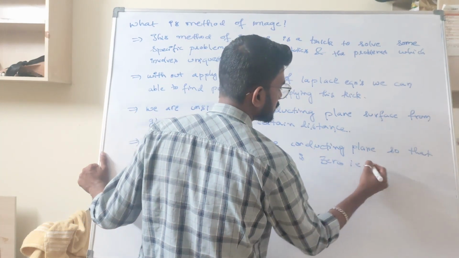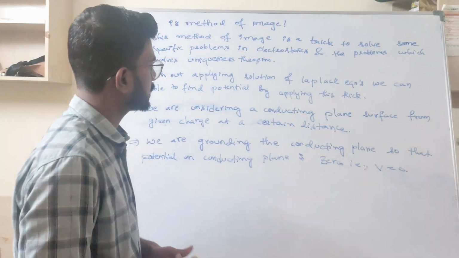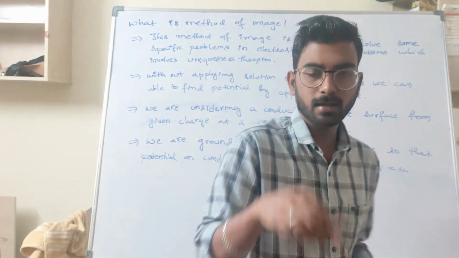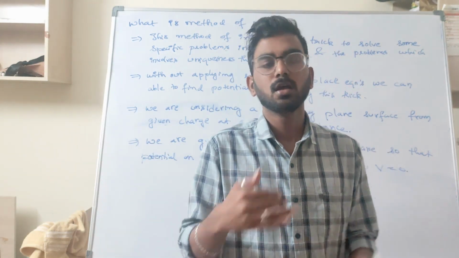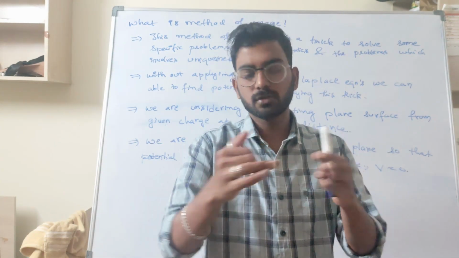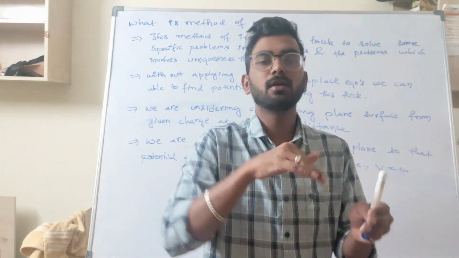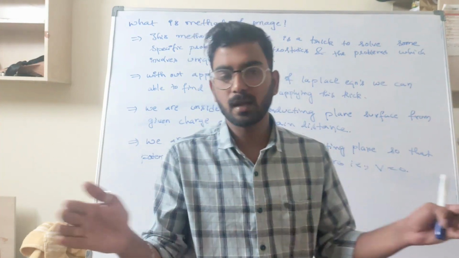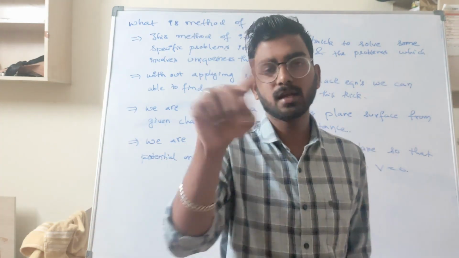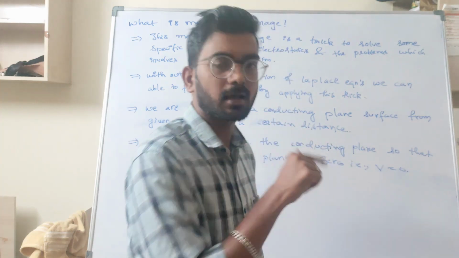That is, V is equal to 0. You are making it grounded, so that the potential is 0 on both sides. If you add the potentials on both sides, you will get 0.